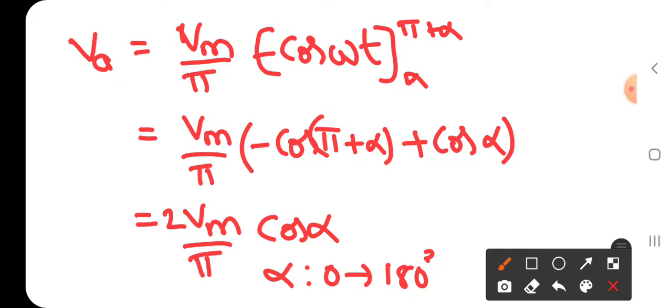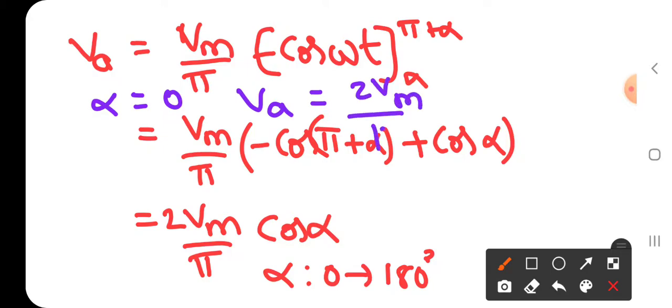Okay, when alpha is equal to 0, then Va is equal to 2 Vm by pi.